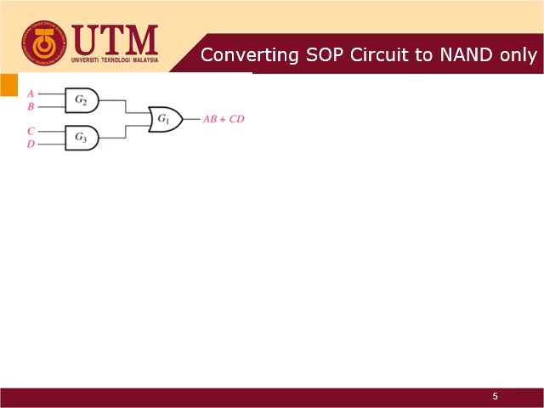We got our basic gate. Now the opposite, having basic gates of an OR logic, please convert this circuit to using NAND only, universal gate only. How do we do it? This is how we do it.